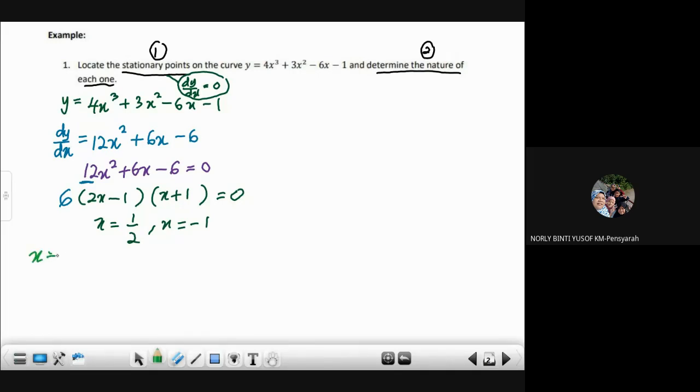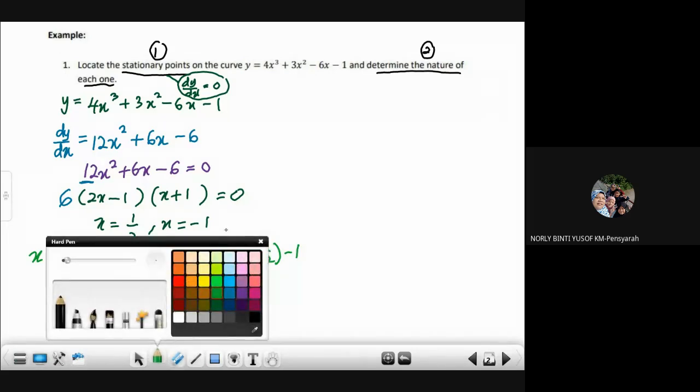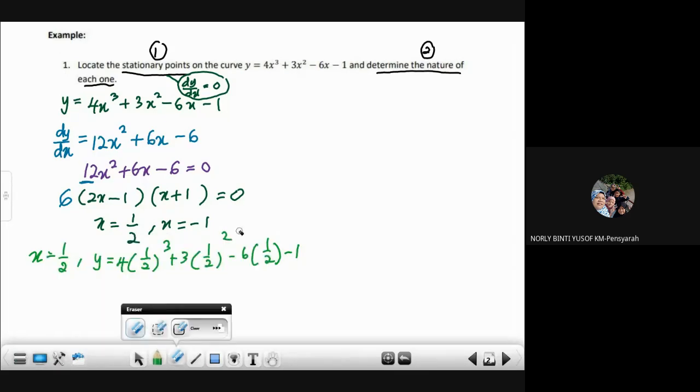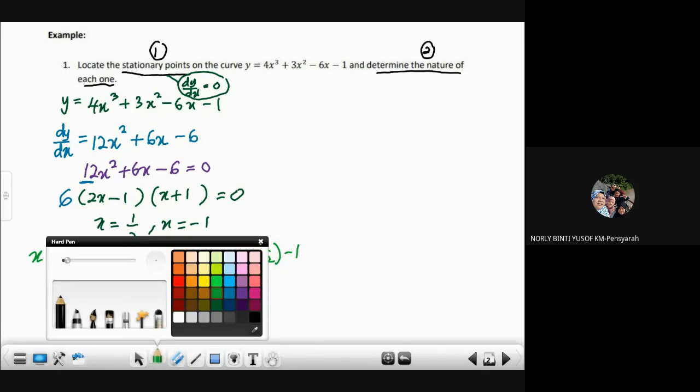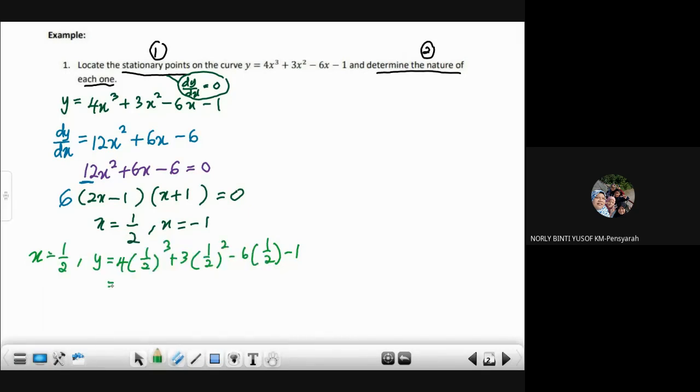So sub x equals to half into y equals 4 half cubed, 3 half squared minus 6 half minus 1. Okay, and you obtain the value as negative 11 over 4. Okay, same goes for negative 1.